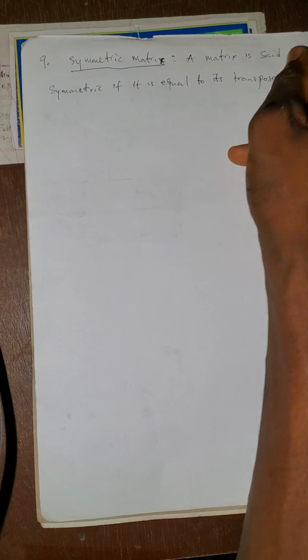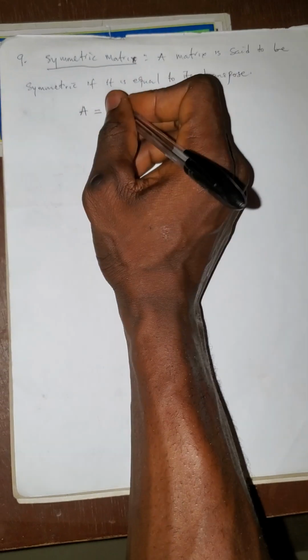So if you are saying matrix A is symmetric, matrix A can only be symmetric if it is equal to A transpose. That is, A equals A transpose.